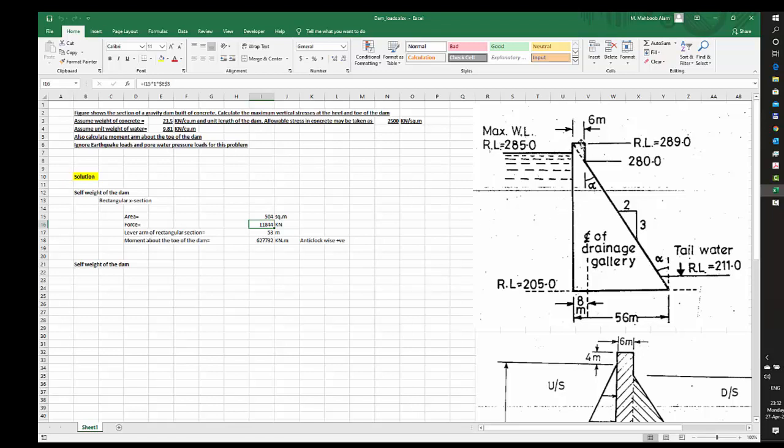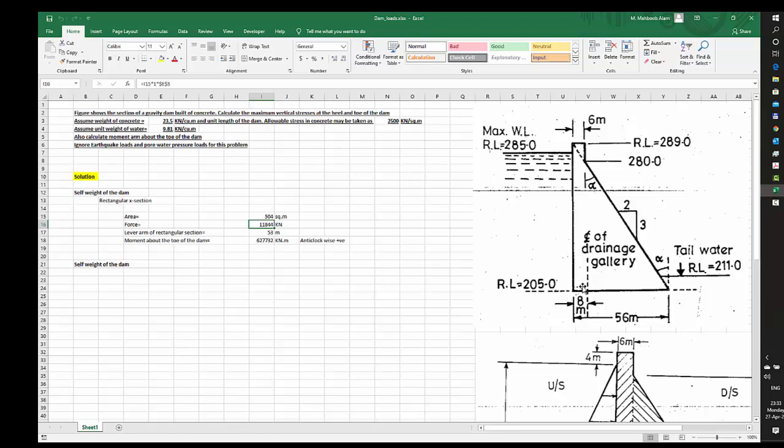You see, I have this 6 meters of width of this rectangular section, the midpoint of which would be at 3 meters. The total width at the bottom is 56 meters. So 56 minus 6 would come up to be 50, and then I have to move 3 meters so that I can reach the midpoint of this rectangular section.